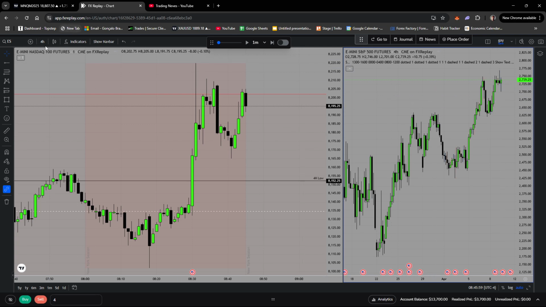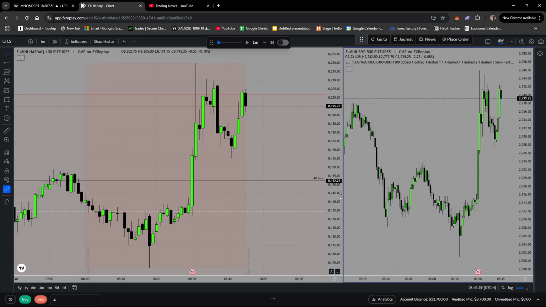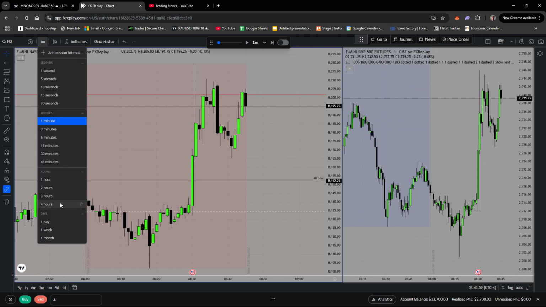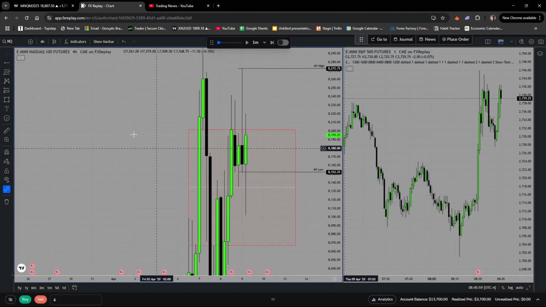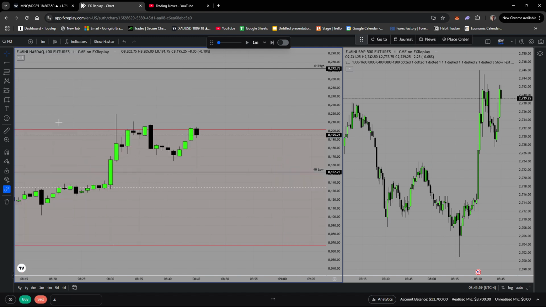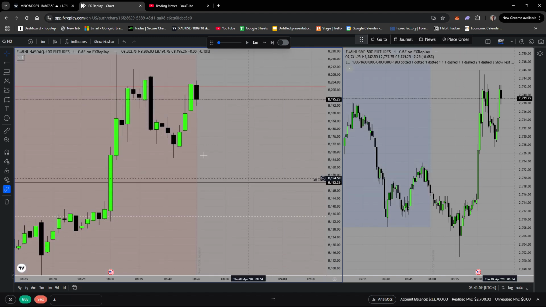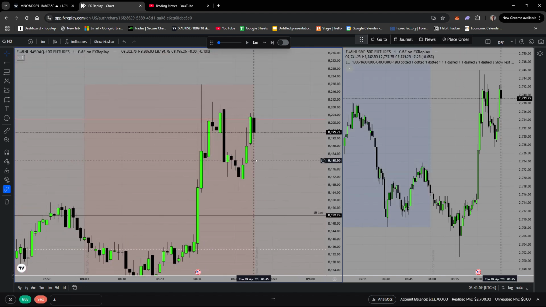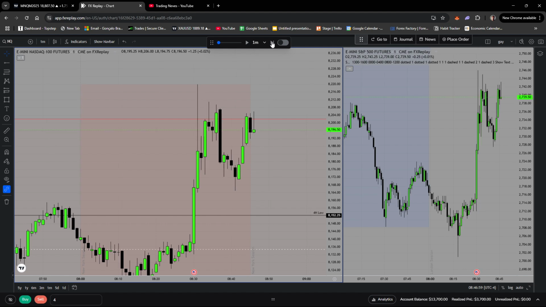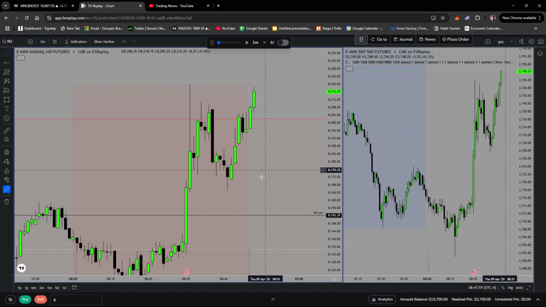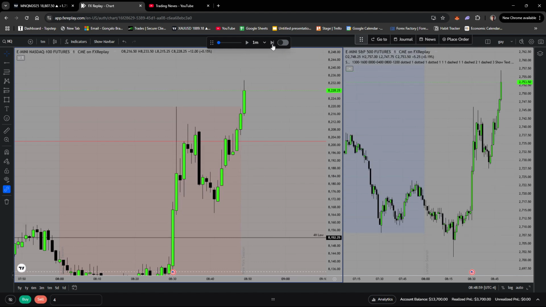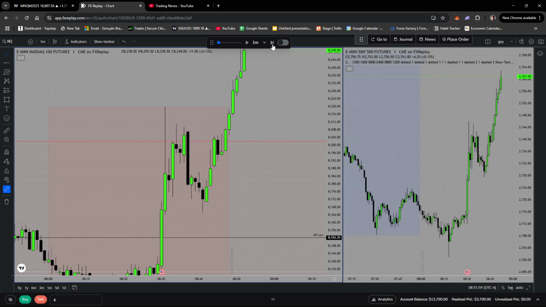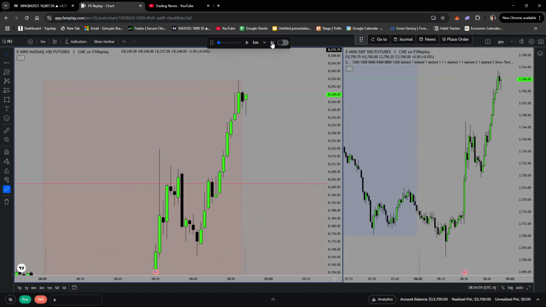Let's go back to the 1 minute. So it's swept the low inside a bearish gap. So we are still bearish until we resweep past this low. Okay.